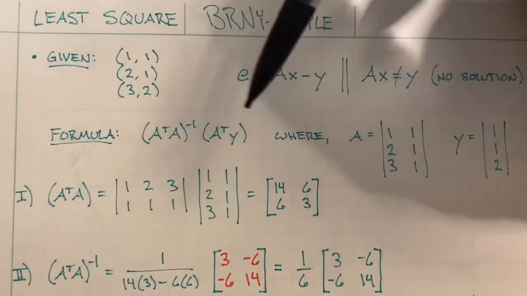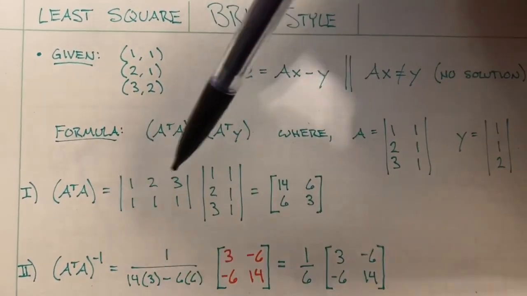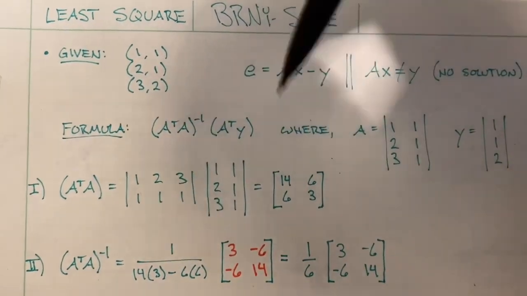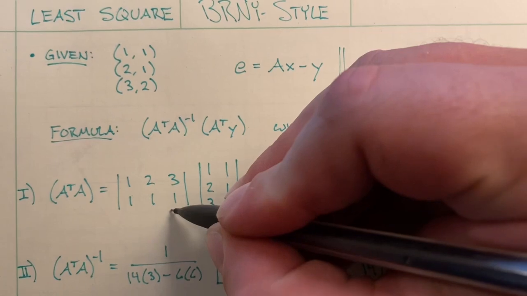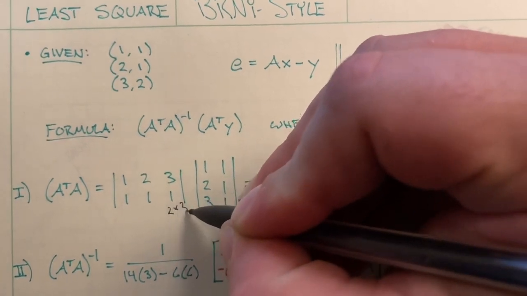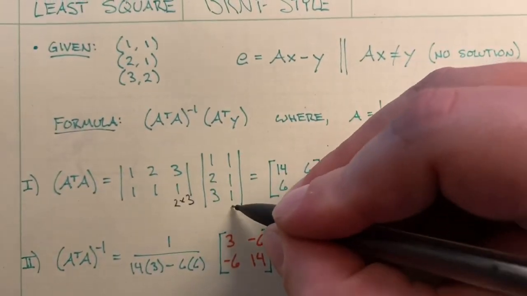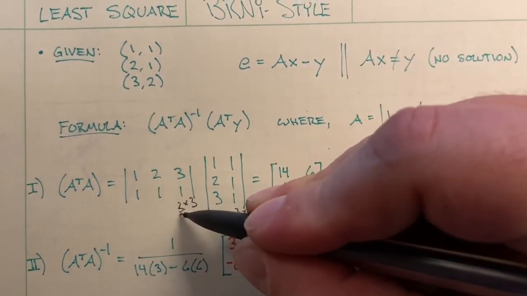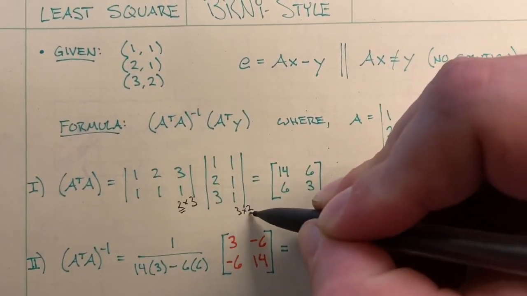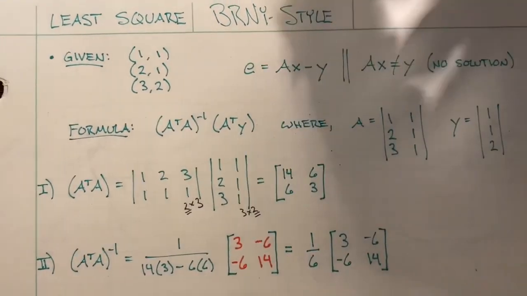So let's go through it step by step. We've got a 2 by 3 matrix here, and a 3 by 2 matrix here, which means our product is going to be a 2 by 2.